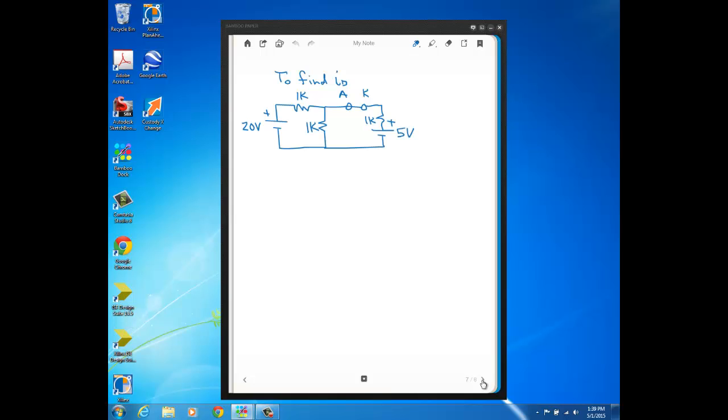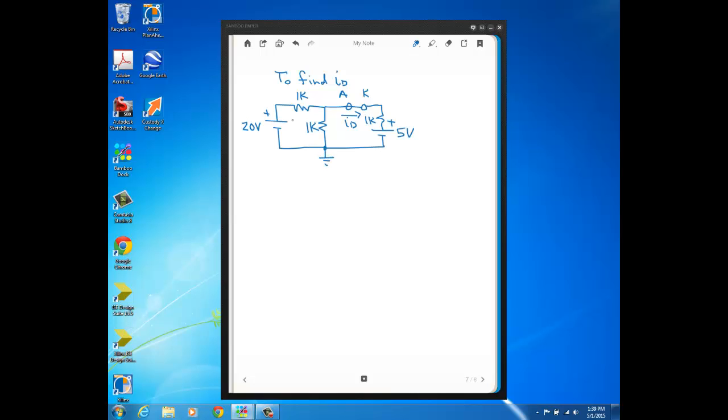To find the forward bias current, which is flowing anode to cathode, this current right here, this is the circuit that we would need to analyze, where now the diode has been replaced with a short. Again, we're treating the diode as ideal. One way to solve for that current is to use the node voltage method.